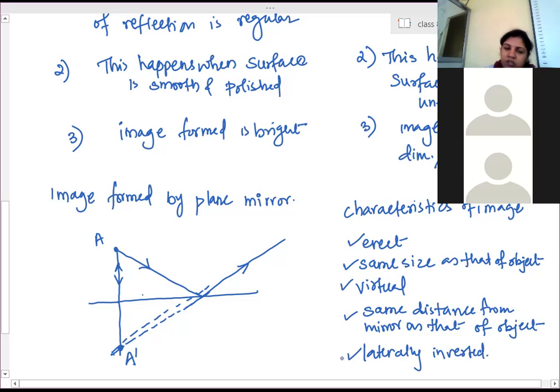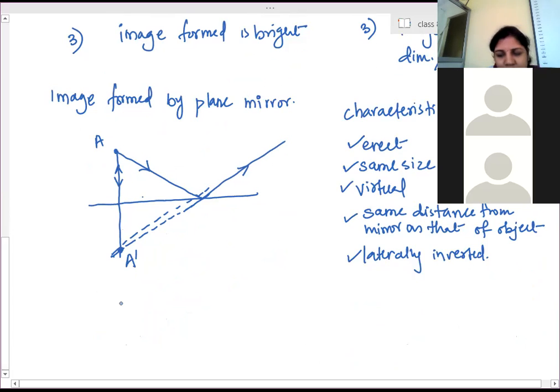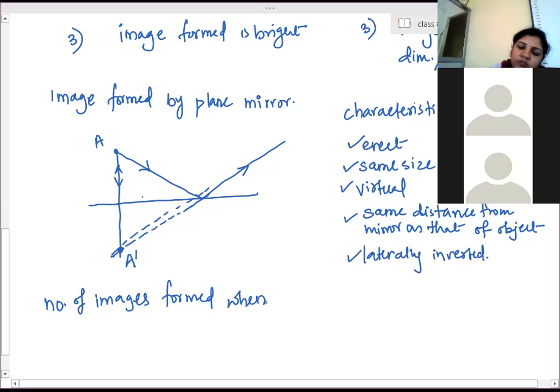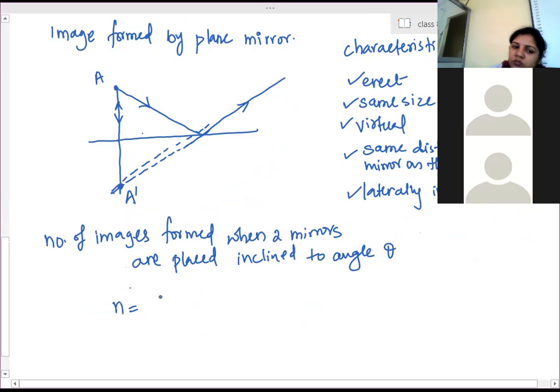Now, if more than one mirror is placed at some angle, inclined to some angle, then the number of images formed when two mirrors are placed inclined to angle theta is given by the formula n is equal to 360 by theta.